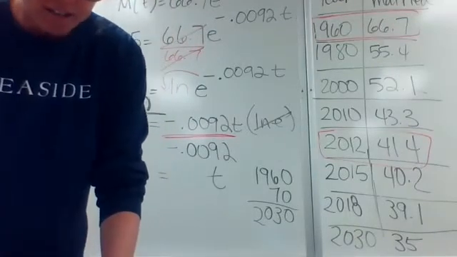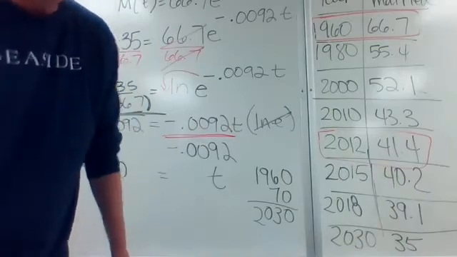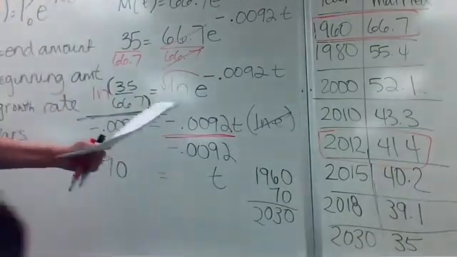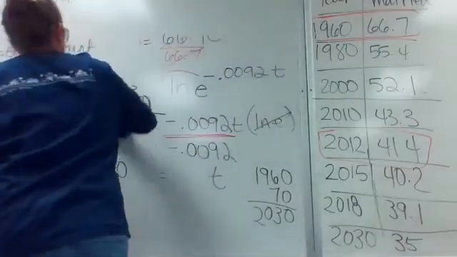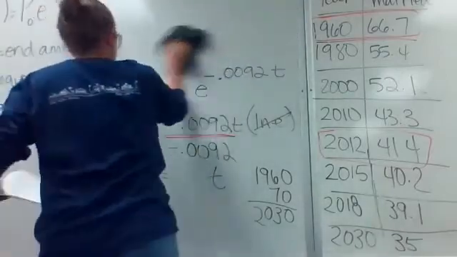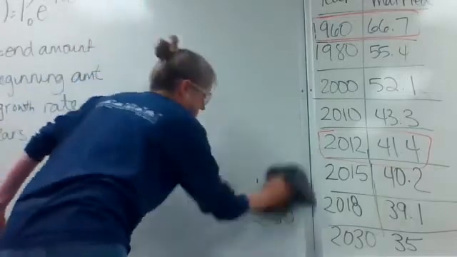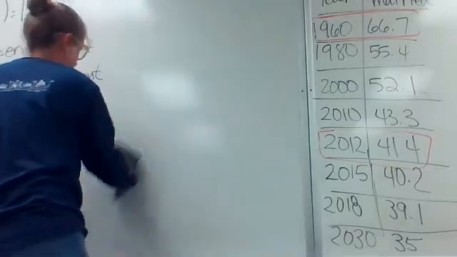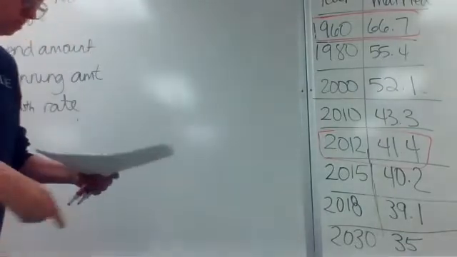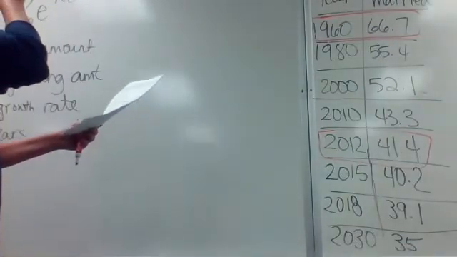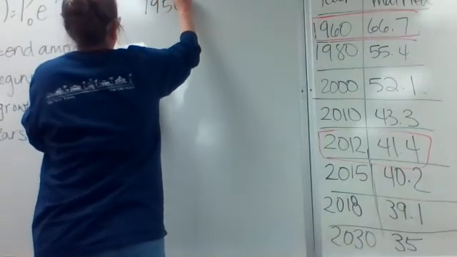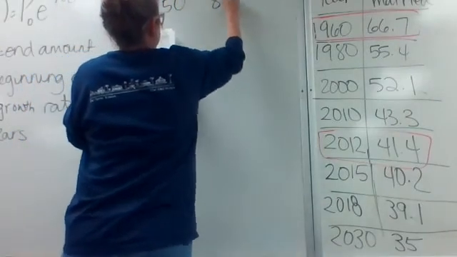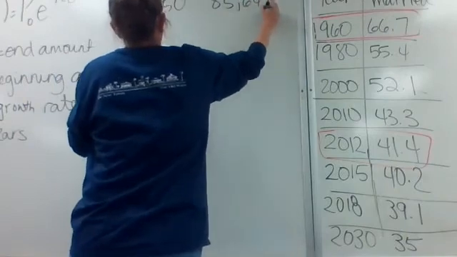Okay. All right. Number 5. The number of farms in a certain state has declined continually since 1950. In 1950, there were 85,641 farms.